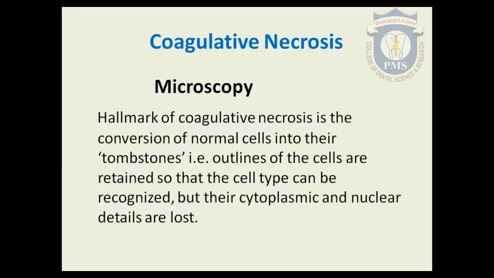Microscopy. Hallmark of coagulative necrosis is the conversion of normal cells into their tombstones. That is, outlines of the cells are retained so that the cell type can be recognized, but their cytoplasmic and nuclear details are lost.